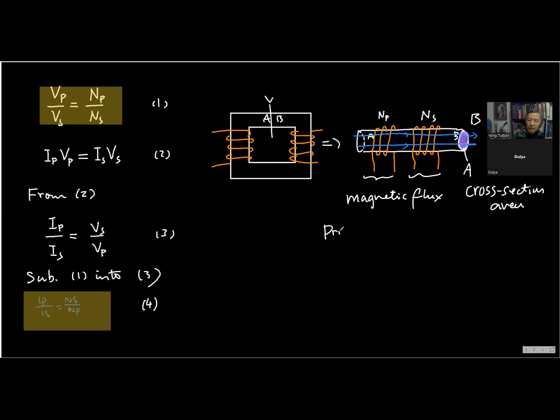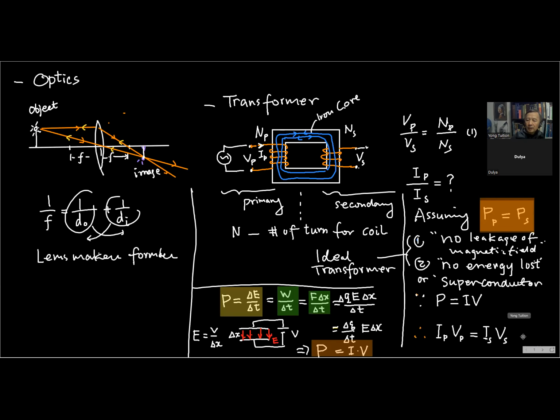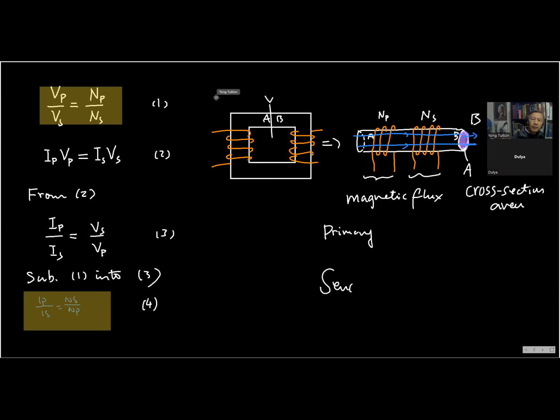I'm making a table. This is primary, this is secondary. So can we work out the flux for both coils? One is primary, another is the secondary.